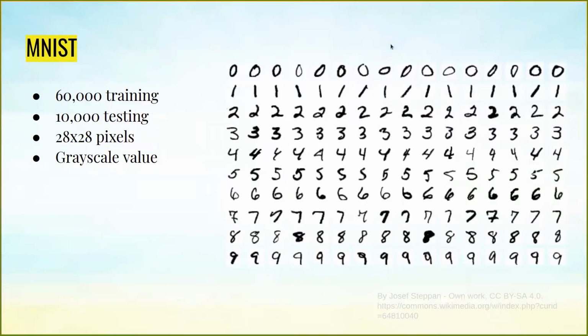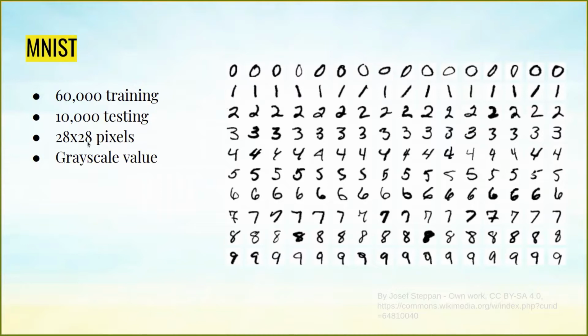As mentioned previously, in order to train a model, a dataset is needed. MNIST is a popular handwritten numbers dataset. It contains 60K images for training and 10K images for testing. Each image is a 28 by 28 pixels image.